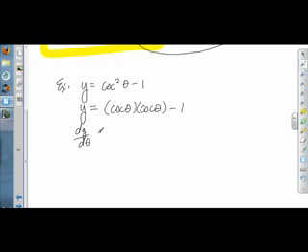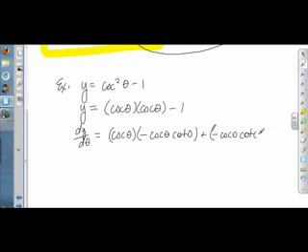So dy over d theta, the independent variable is theta this time. The derivative, product rule: first times the derivative of the second, plus the derivative of the first times the second. And then of course the derivative of -1 is 0, so plus 0 at the end.